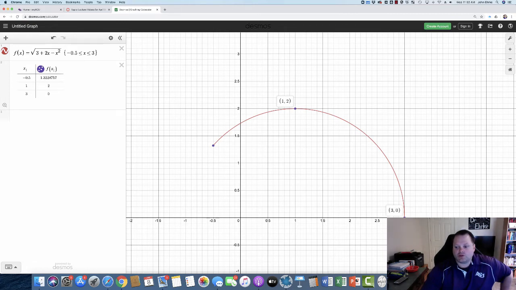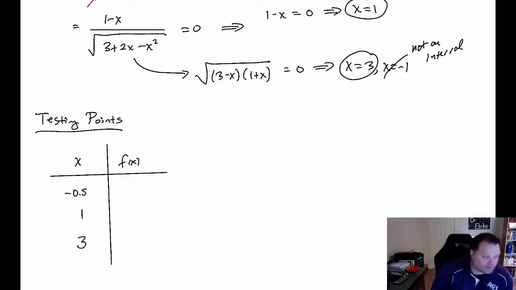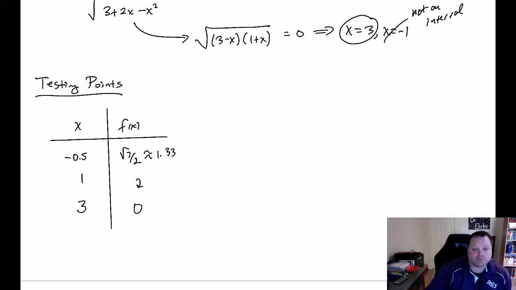So what you would do if you were answering this question, the values that we had were, this turns out to be the square root of 7/2, although you could get the decimal, it's like 1.33 something. Evaluated at 1 turned out to be 2, and evaluated at 3 turned out to be 0.